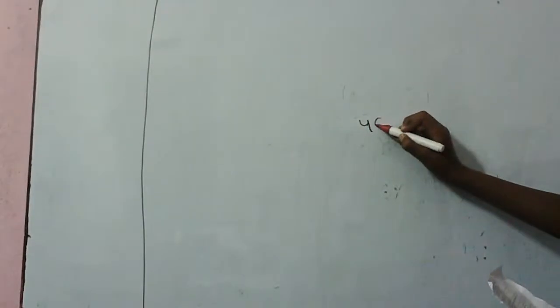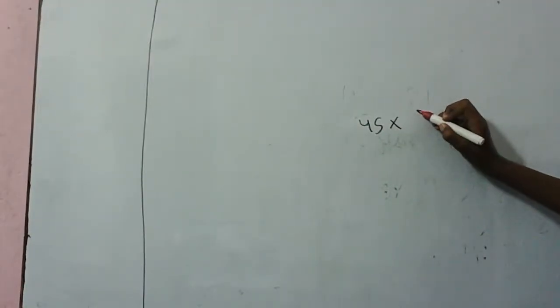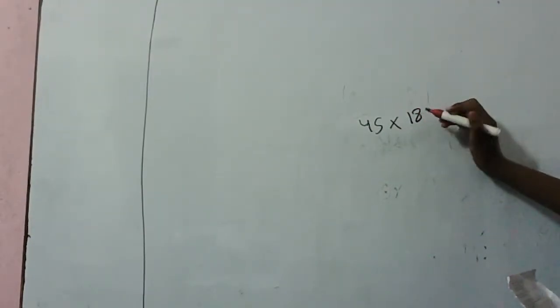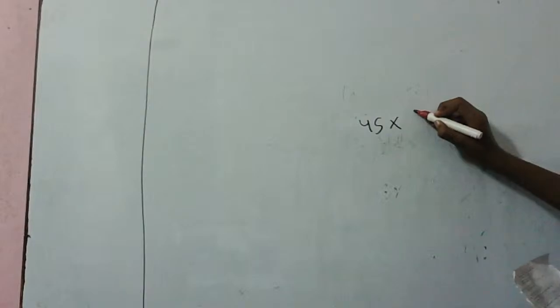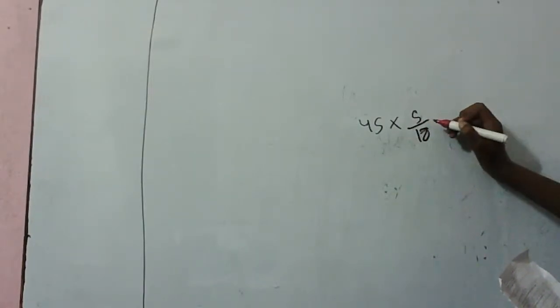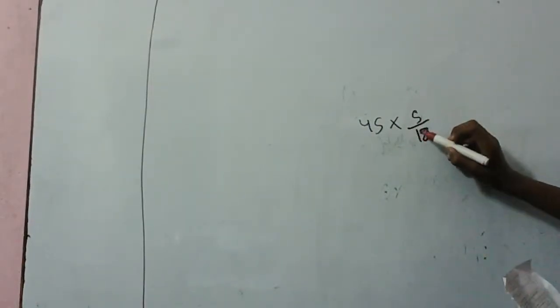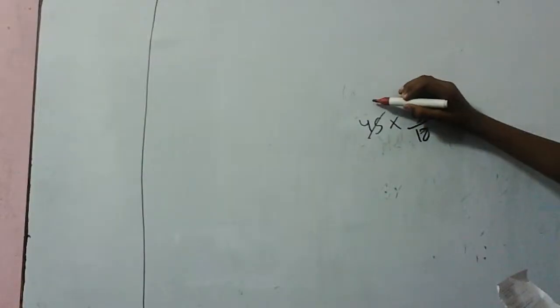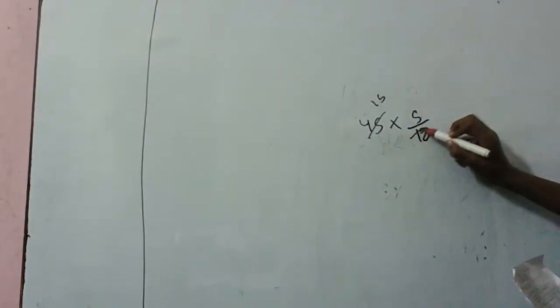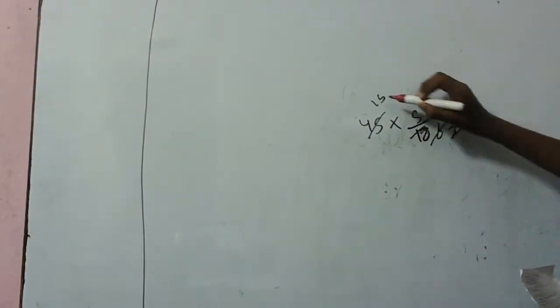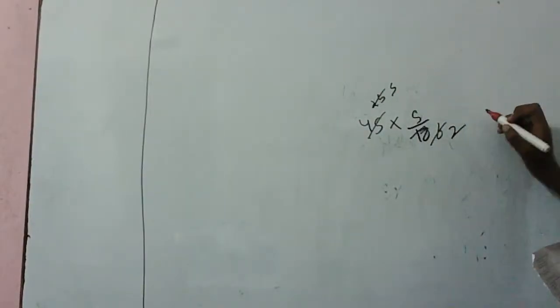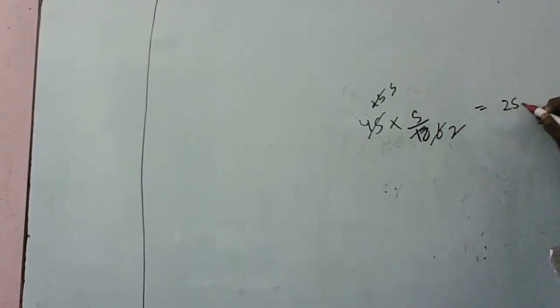Therefore, we have to multiply 45 into 5 by 18. It cuts with 15 times and 6 times. Now 2 times and 5 times. It equals 25 by 2 meters per second.